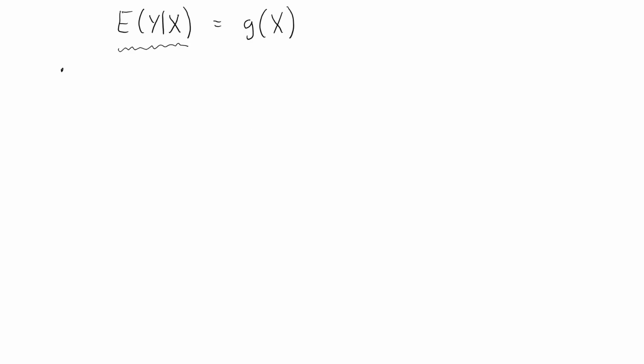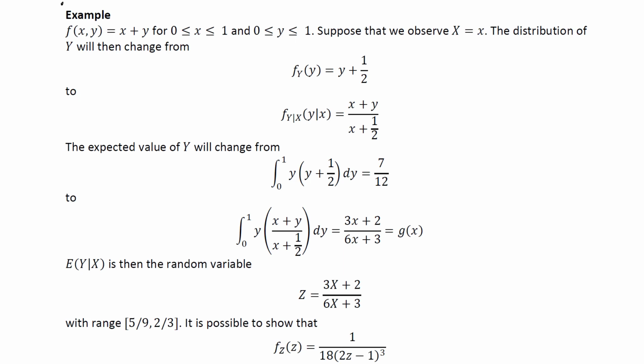Here is an example that will illustrate this. I start with two continuous random variables and a joint PDF f of x, y. It's a simple one, x plus y, where the range of x and the range of y is the interval 0 to 1. If I have partial information, I observe the specific outcome of X. So lowercase x is an arbitrary real number in the interval 0 to 1 with infinite precision.